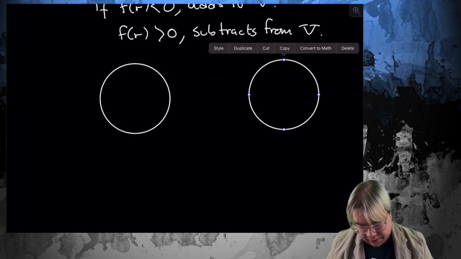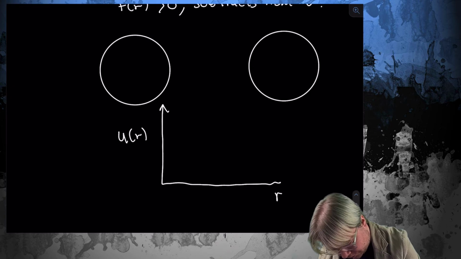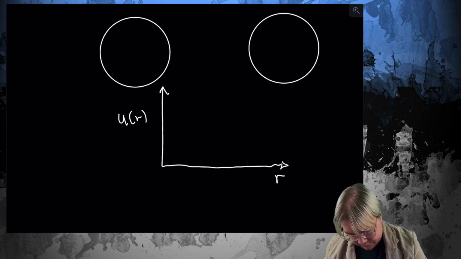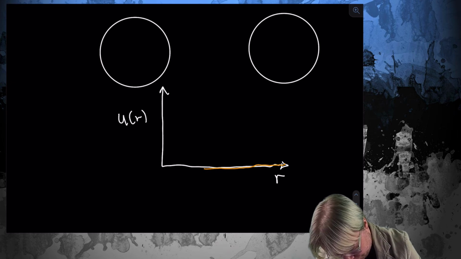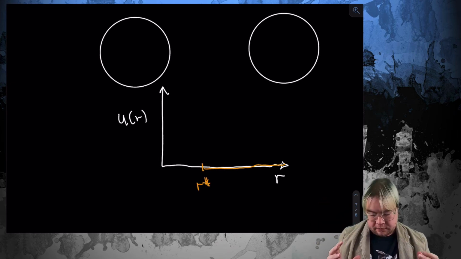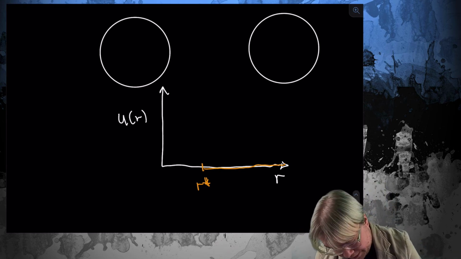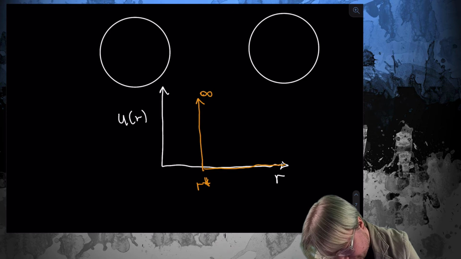Okay, so if they're out here separated like this, there's going to be no interaction between them. So if I plot u of r as a function of r, again, it's going to be 0 out here until this value r star, and that's going to be the closest it will allow them to get to each other. And then this function will shoot up to infinity here.